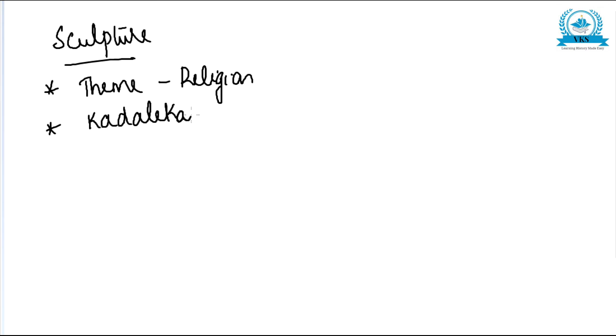Sculpture. Regarding sculpture, the main theme of sculpture was again religion. Religion was the main theme of sculpture made during this time. Some of the important sculptures are Kadalekalu Ganesha, Sasivekalu Ganesha, and Lakshmi Narasimha statues.